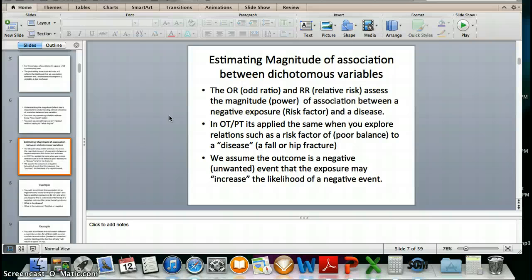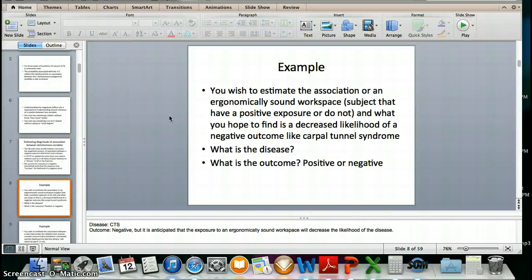It's pretty much applied the same when you're looking in OT. An example of that would be looking at a risk factor of poor balance to a disease, which could be a fall or hip fracture. We assume that the outcome is a negative event, that the exposure may increase the likelihood of a negative event.